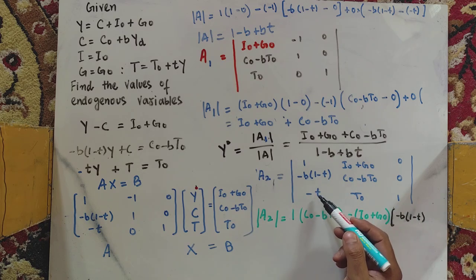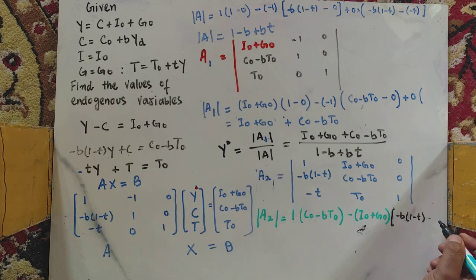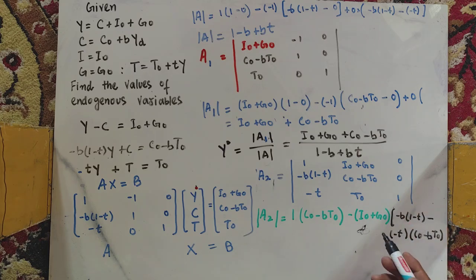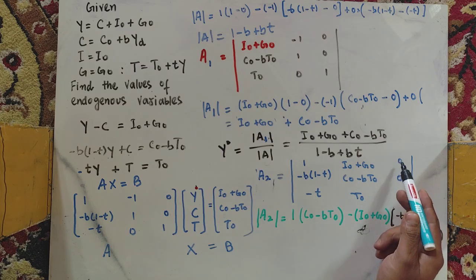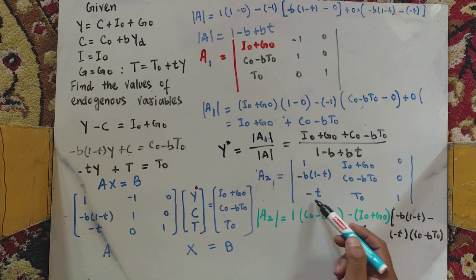Then we subtract, so we have minus, then we have minus T times C naught minus BT naught, okay. I was sure it will get messy. Then we have plus 0, and we delete the row and the column in which it appears and multiply it with the remaining element.